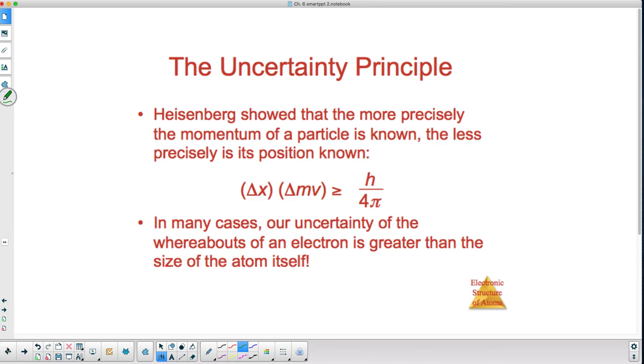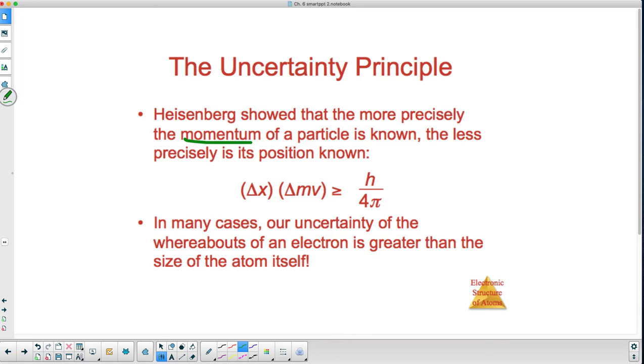So Heisenberg said you can't know how fast it's going and in what direction, and also know its mass at the same time. Speed and direction and mass is called momentum.